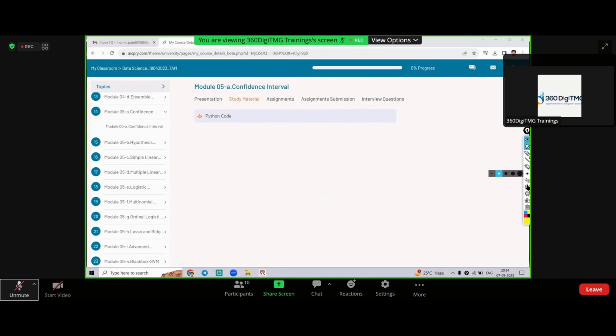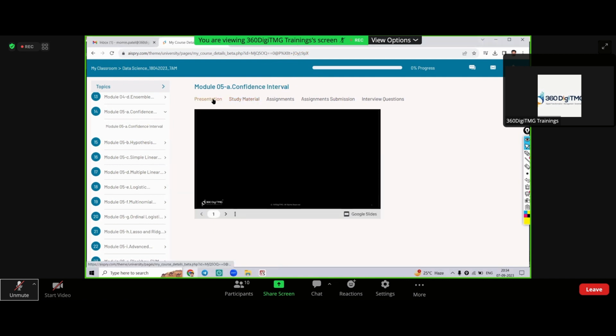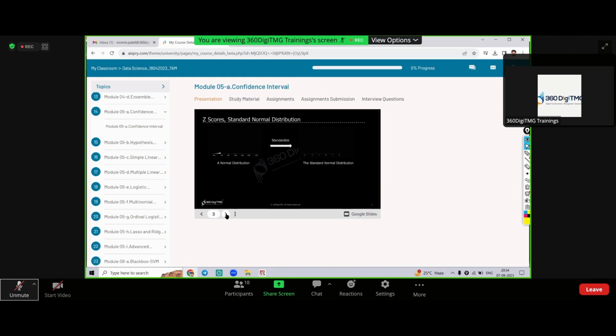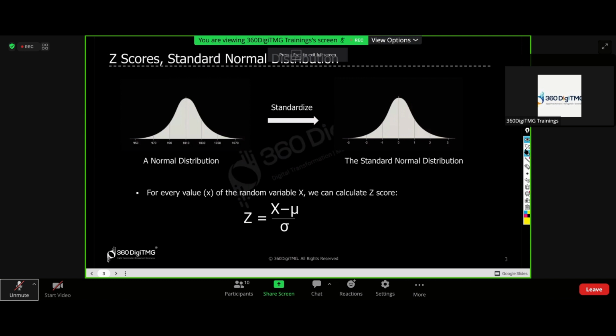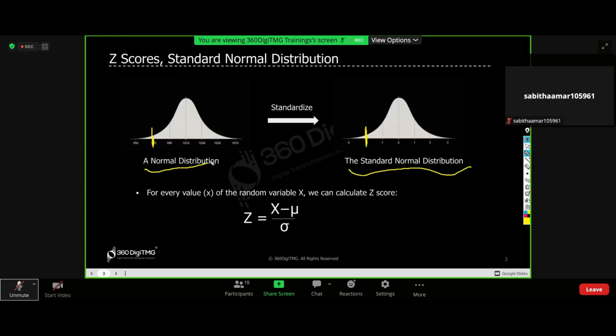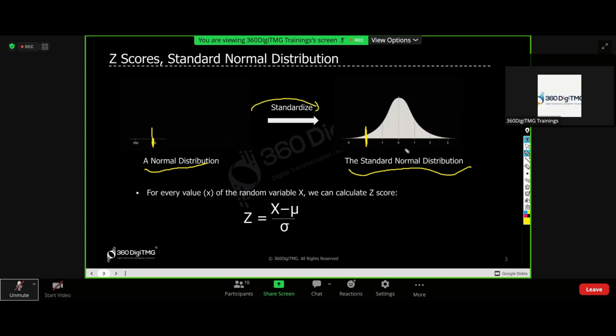So do not get confused about what is happening. Here I am mapping this value. Suppose this is my x. I am mapping this value with this value. This is my standard normal distribution. This is my normal distribution. If I standardize it, I am mapping this value with these z values.